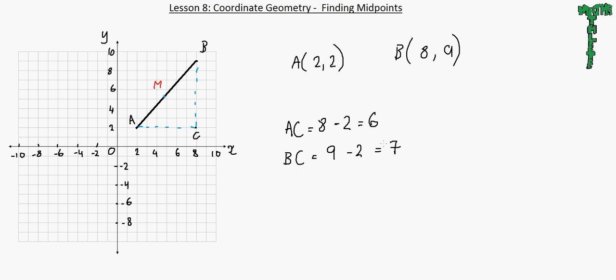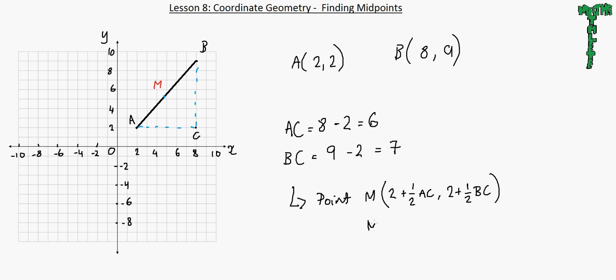Okay, so now we know the distances, so we can actually half each of these to get to point M. Its coordinates are basically, we would say, what point A was, which was 2, plus half of AC, comma, and then 2 again, so we're referring to this 2, plus half of BC.